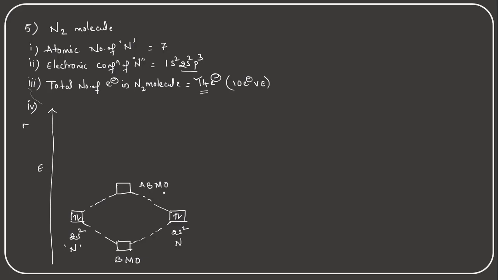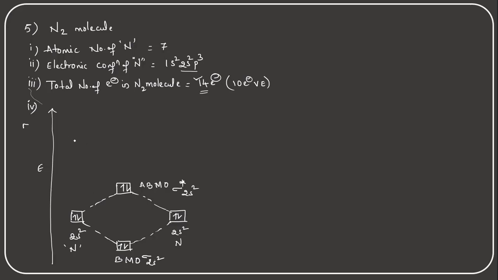The bonding molecular orbital is represented with the sigma symbol, and the anti-bonding molecular orbital with the sigma star symbol. Here two electrons are there, and here two electrons are there, so sigma 2s2 electrons and sigma star 2s2 electrons.